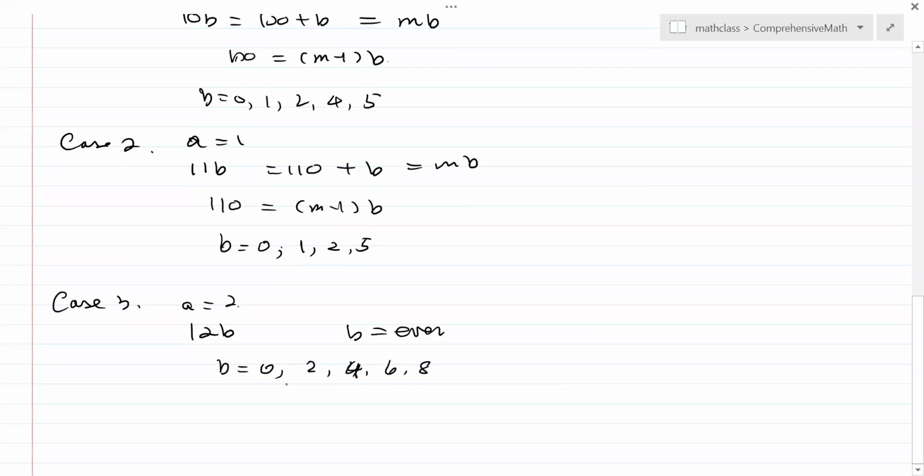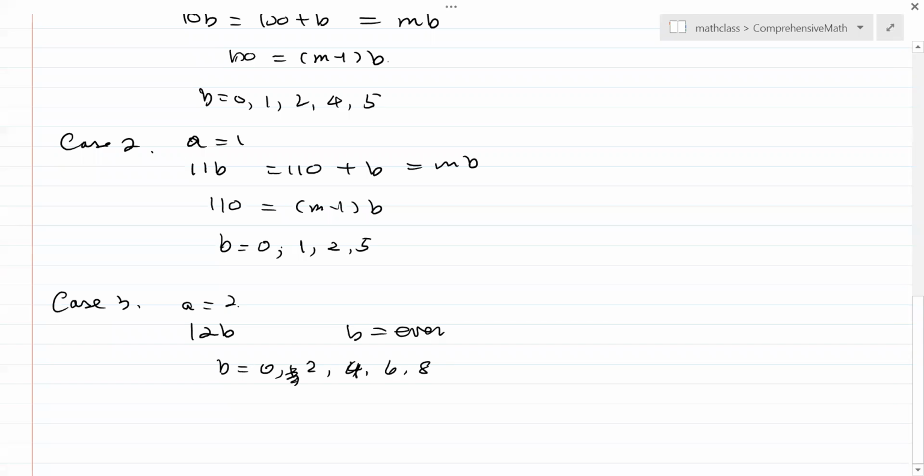B can be 1, it's 121. All the other numbers should be excluded, so you have to just look at the even numbers. 3 and 5 cannot be that. Remember, this number should be divisible by 2. So exclude all the others. So even numbers 2, 4, 6, 8.